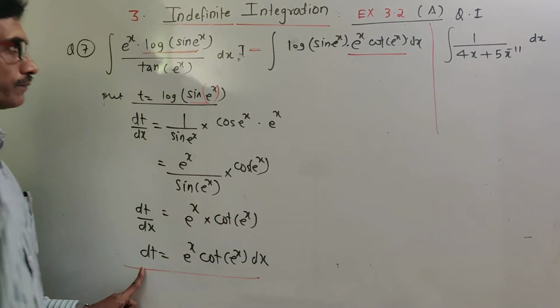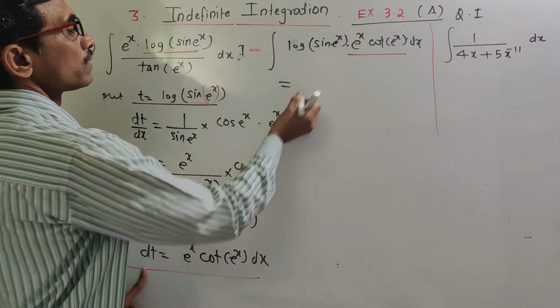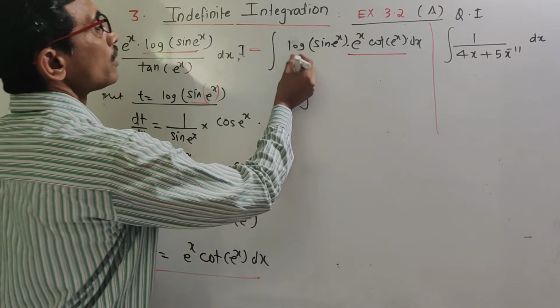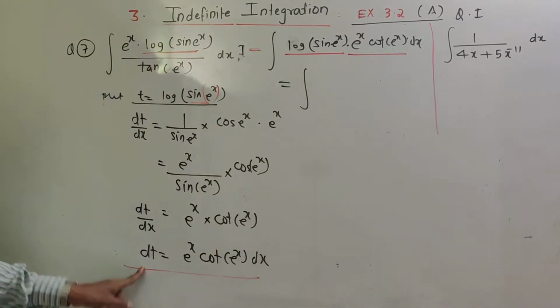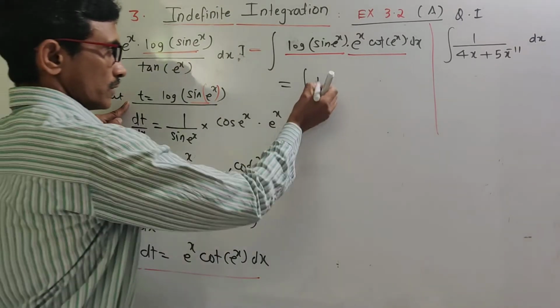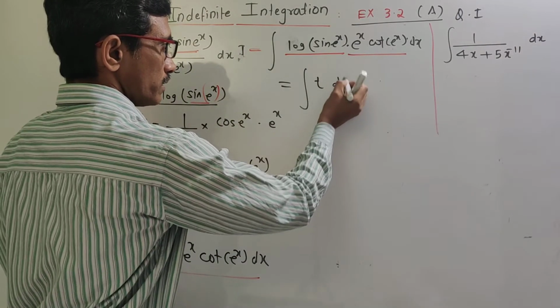Now e raised to power x cot of e raised to power x dx is equal to dt, and log of sin e raised to power x is t. So it is the integral of t dt.